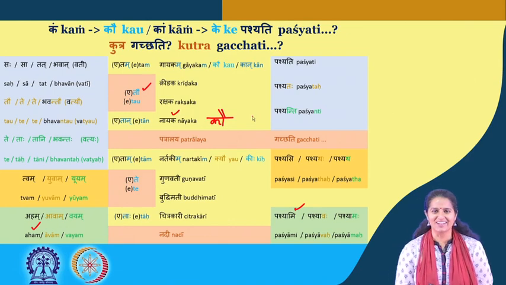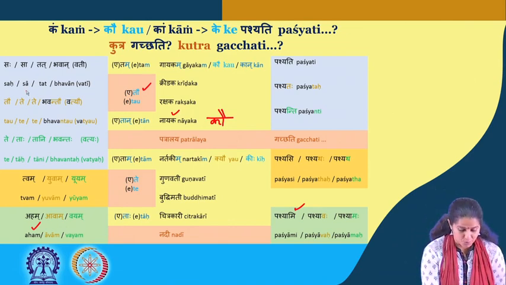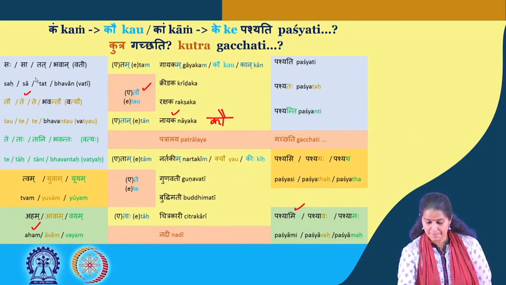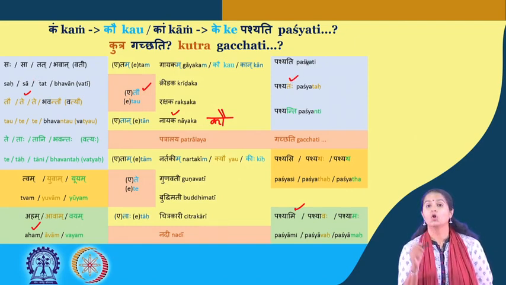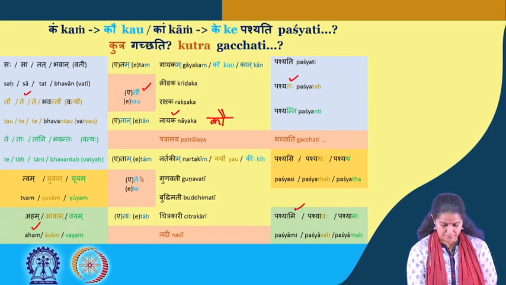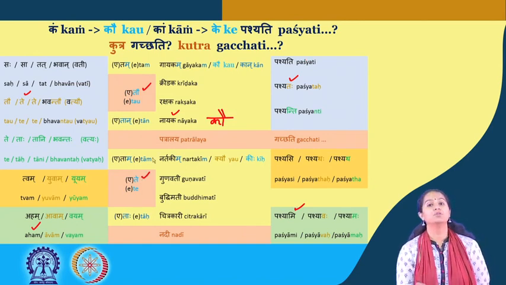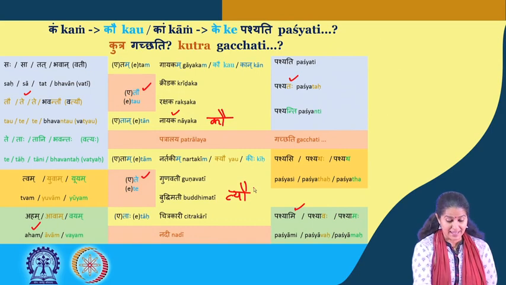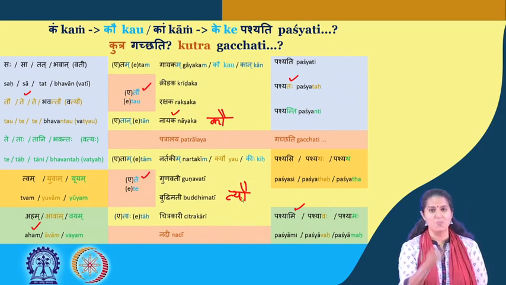Alright, let's see if you've got it. The two of them feminine would be te, see would be pashyatah. Those two, te. Buddhimati, intelligent women. Buddhimati becomes buddhimatyau. So, te buddhimatyau pashyatah.